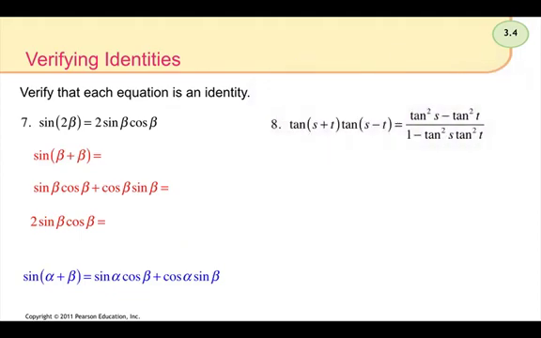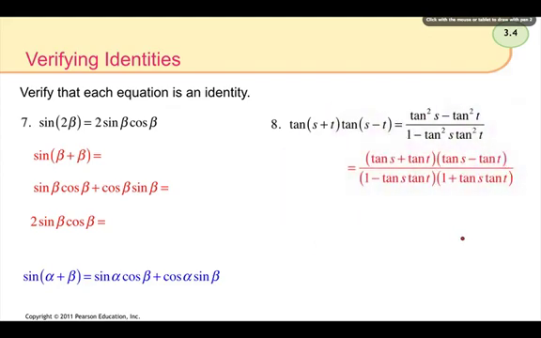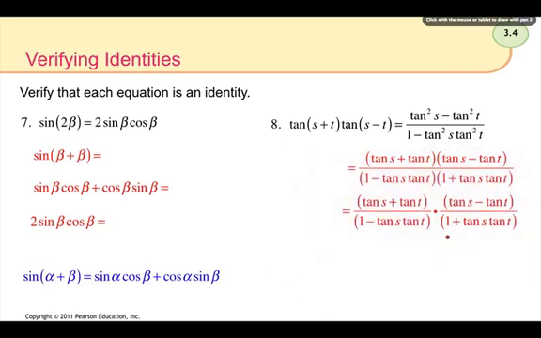We are going to be working with the right hand side, and I want you to notice that the numerator is the difference of perfect squares along with the denominator. So once I factor the numerator and the denominator, this is what I get. From here, I am going to rewrite this as the product of 2 ratios, and notice that we get the same thing.